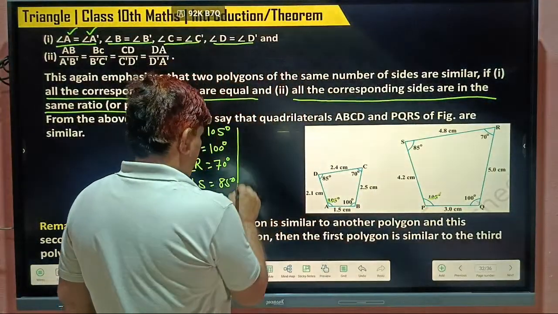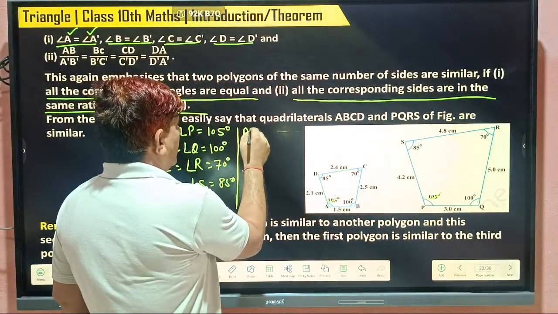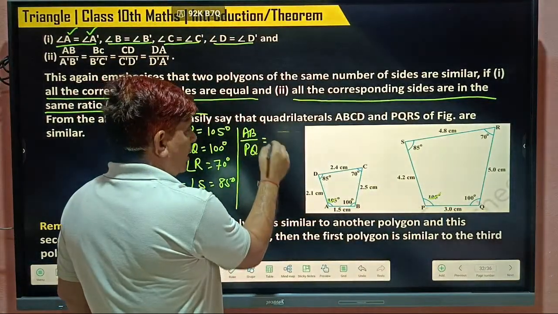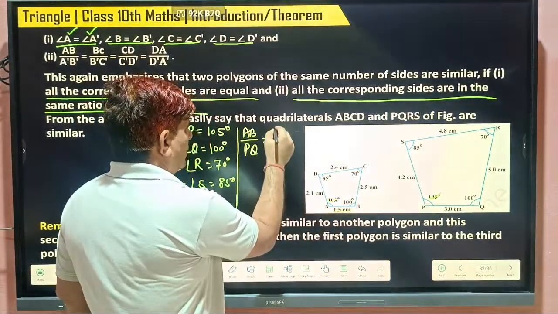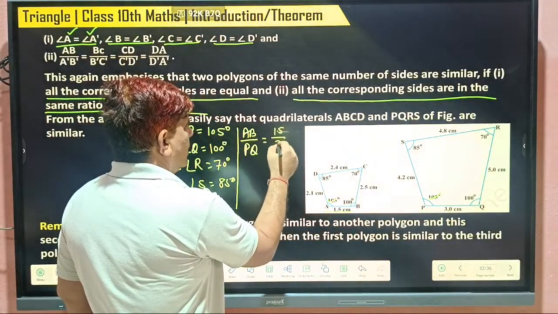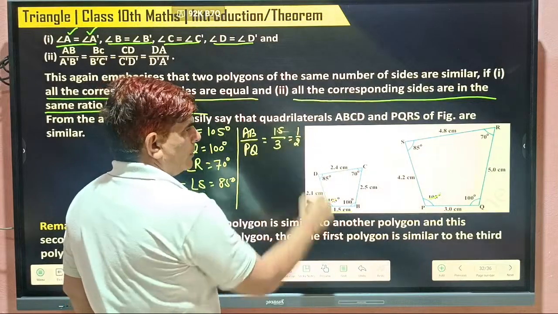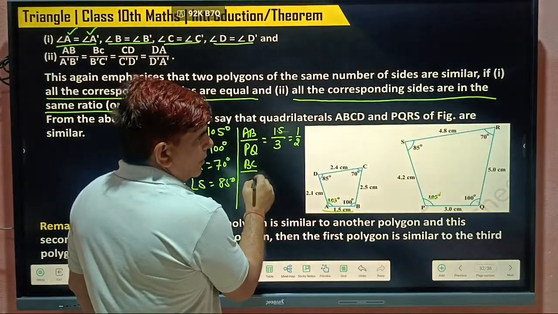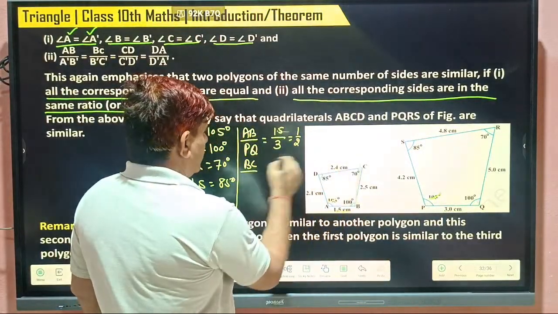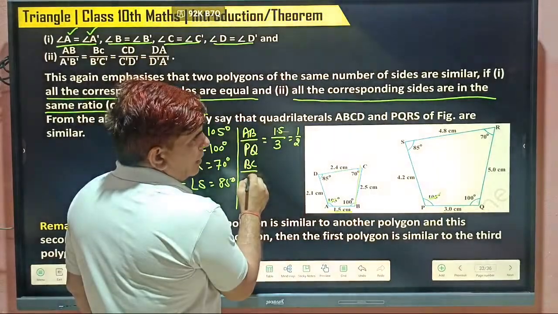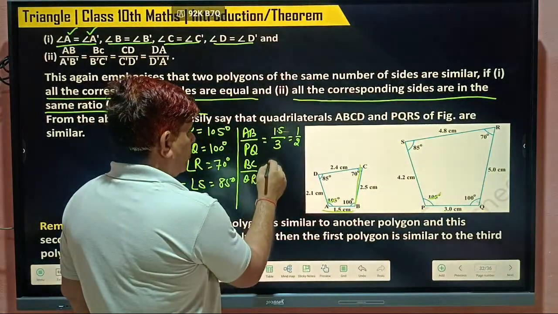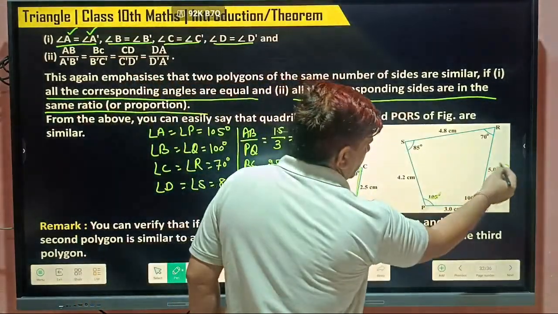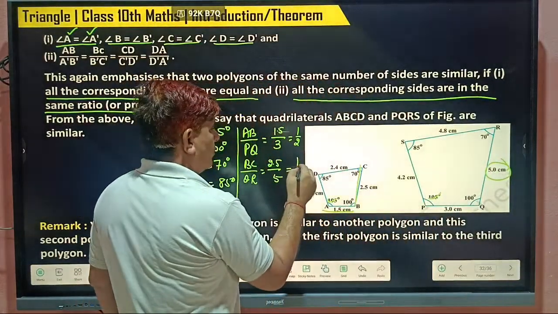Now you can check its sides. AB by PQ: AB is 1.5 centimeter by 3, which is 1 by 2. Then BC, this 2.5 by QR, 2.5 by 5, again 1 by 2.